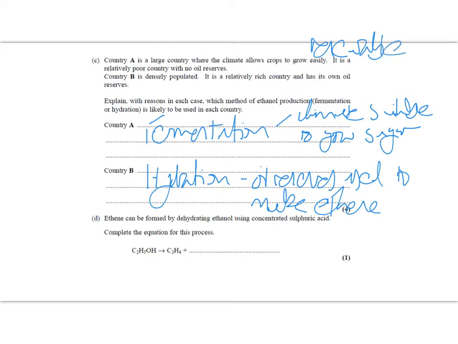So sugar is a renewable resource because it's easily replaced. You can just grow more sugar. Whereas crude oil is a non-renewable resource because after you've used the crude oil, it takes millions and millions of years for it to form again. So that is something which is worth looking out for.